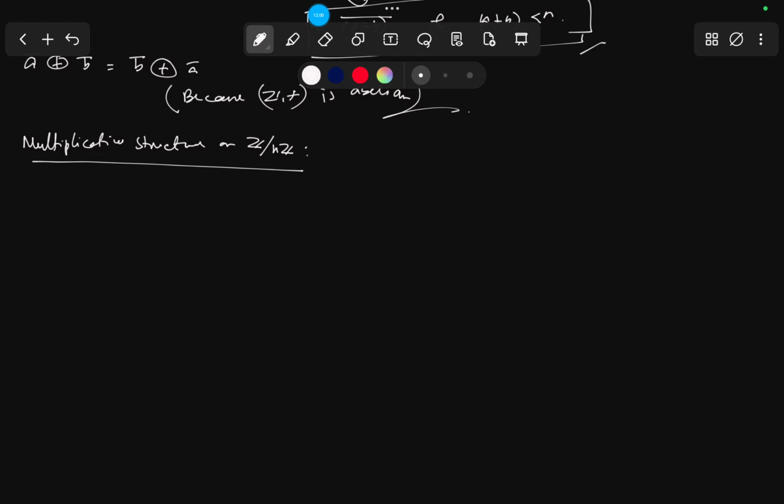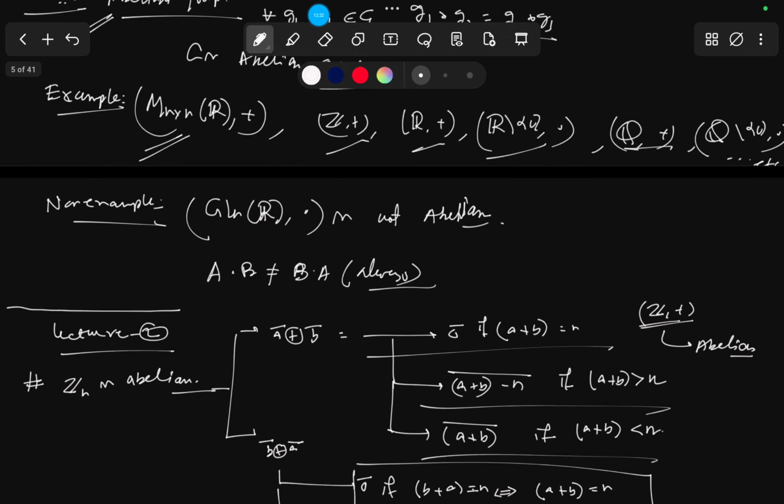First of all, we need to multiply two elements from Z mod nZ. So let a bar and b bar belong to Z modulo nZ. Then their product must belong to Z modulo nZ. Now we all know how to construct these cosets.